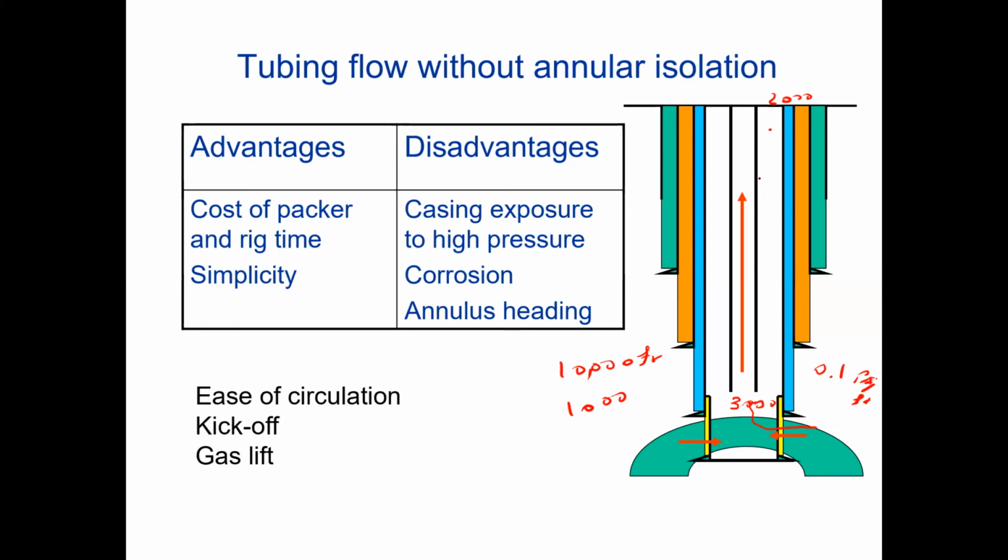What about this section? Here you have oil and gas, assume a density of 0.225 psi per foot, because density of oil is 0.35, density of the gas is 0.1.